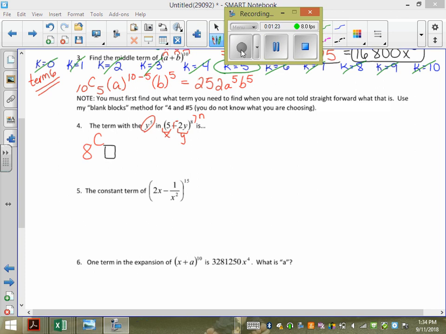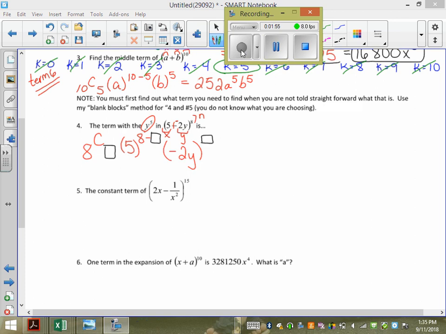And then we're going to have 5 to the 8 minus box, negative 2y to the box. And for every one of those boxes, it's the same number. So if I figure out what it is for one of them, I'm done. I can just fill it in, I'm good. We agree?